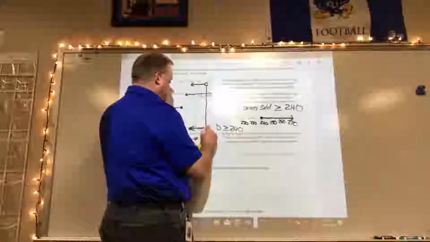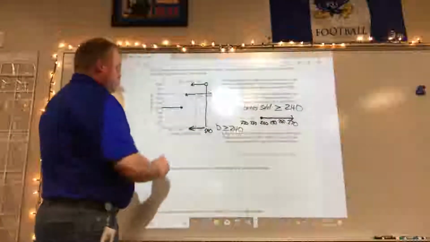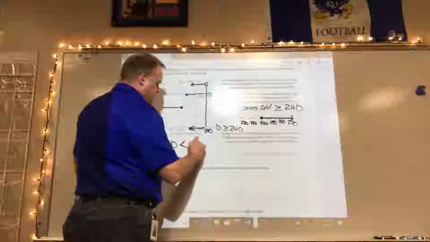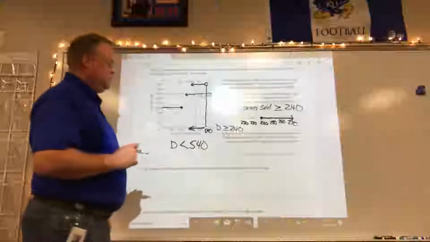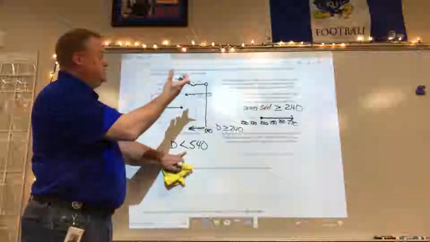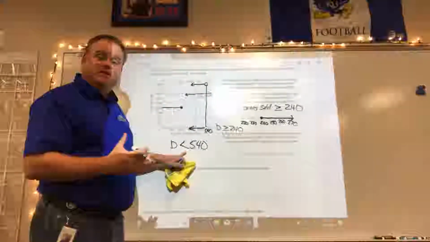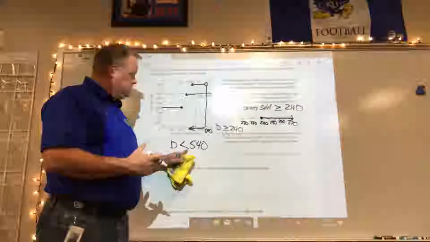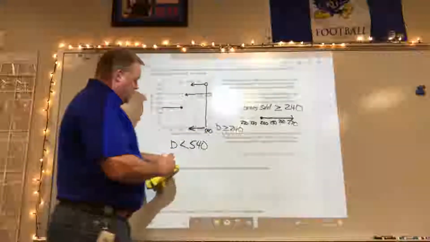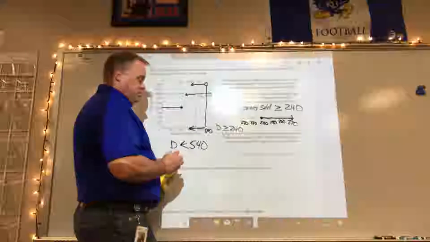So this is going to be 540. So I know that B has to be less than 540. Notice it doesn't have an equal to bar because it's less than $2,050. So I'm going to be less than 540, and I'm going to graph that direction.